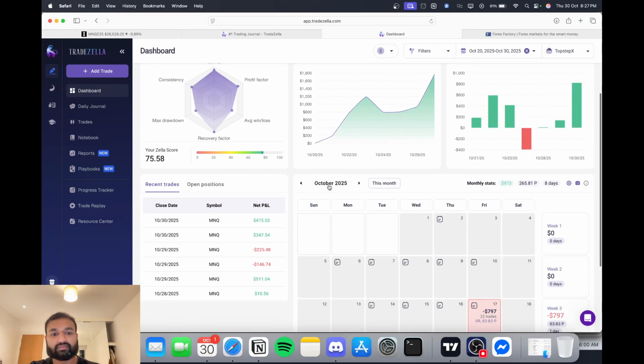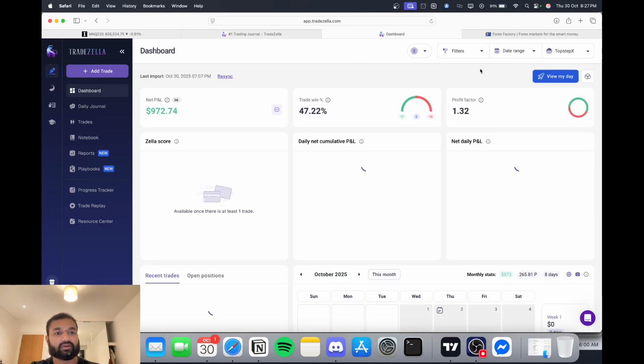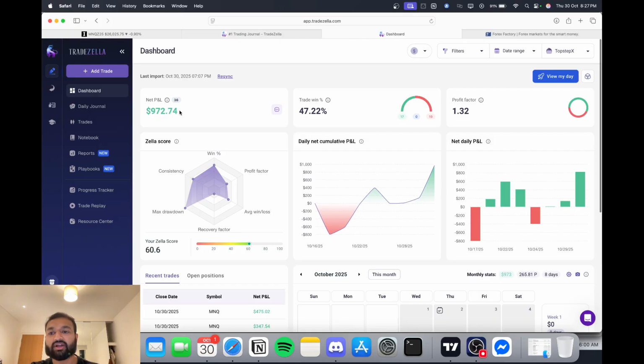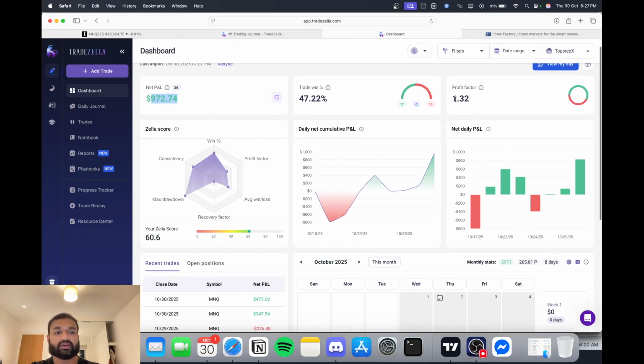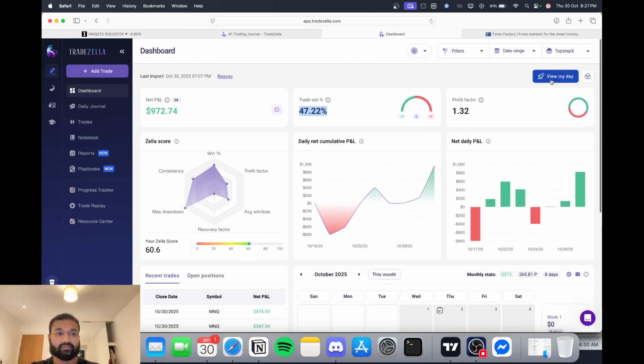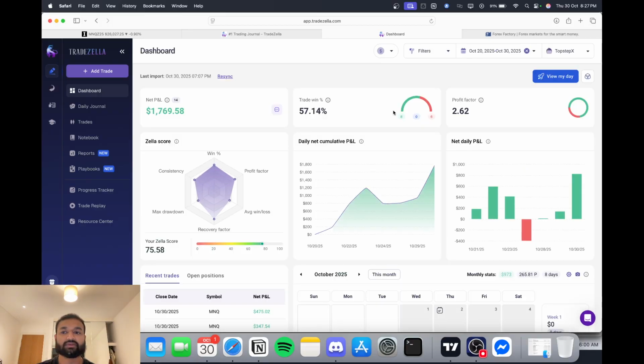And what's my full... So I am up 972 in my eval. I need another 2000. 1.32 factor, 50% win rate, but that's probably skewed by this, to be honest. That's why I'm trying to only focus on this date. Yeah, I could have been up this much.